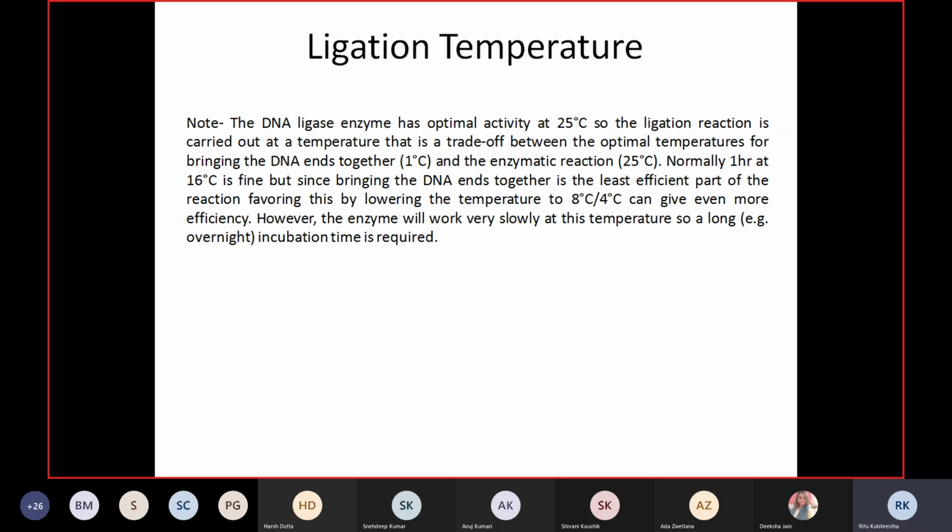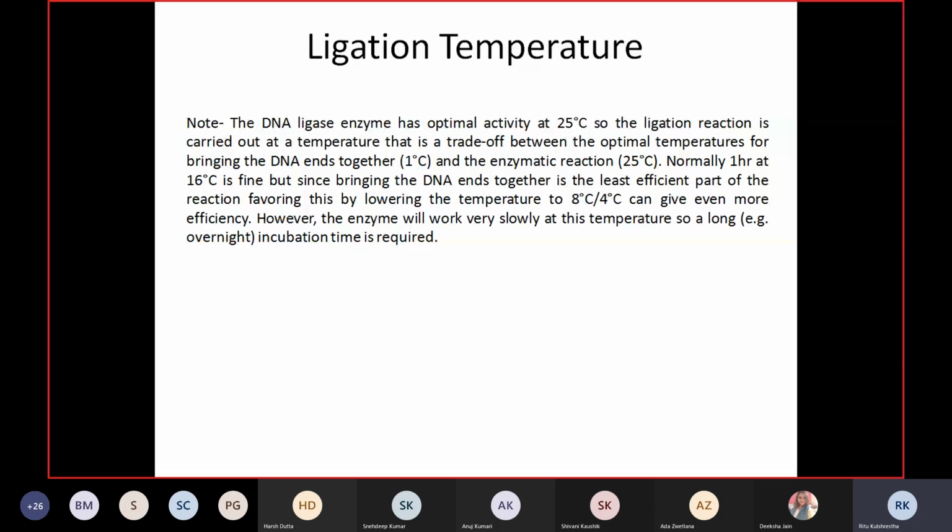But imagine a blunt ended ligation: for those molecules to be bound together, there is no force, there is no complementarity in the ends. So in those cases, it's best that you bring the two molecules as close as possible.